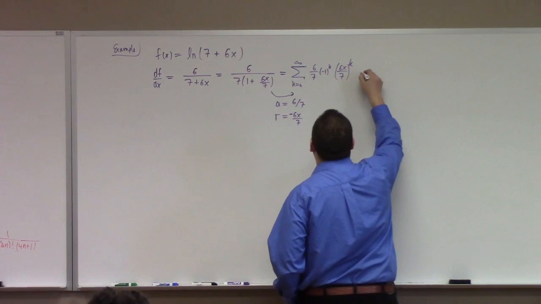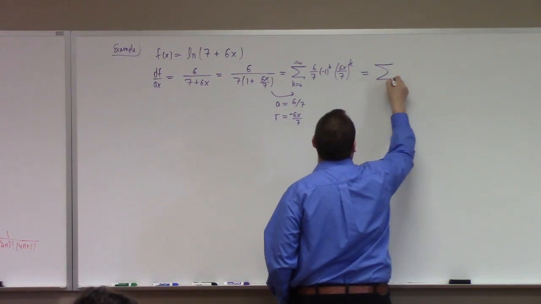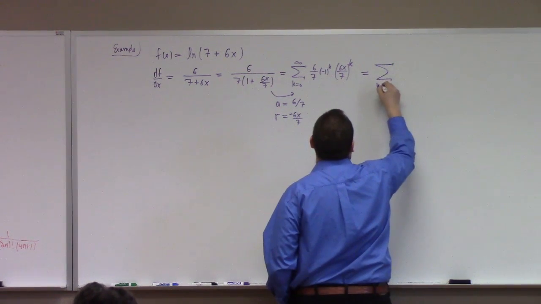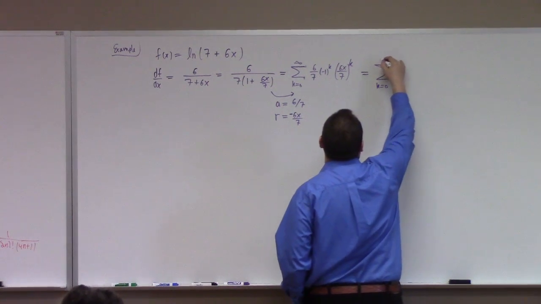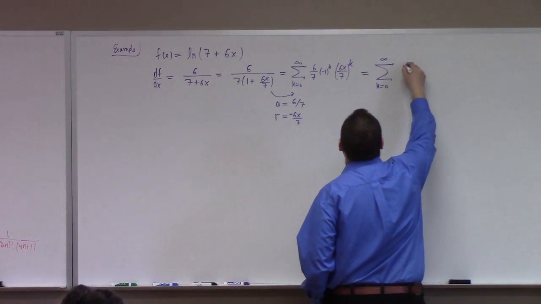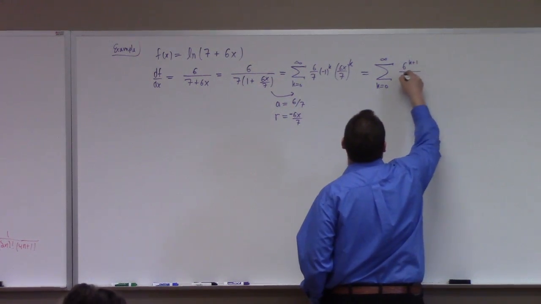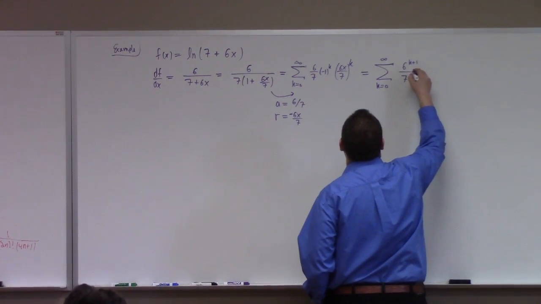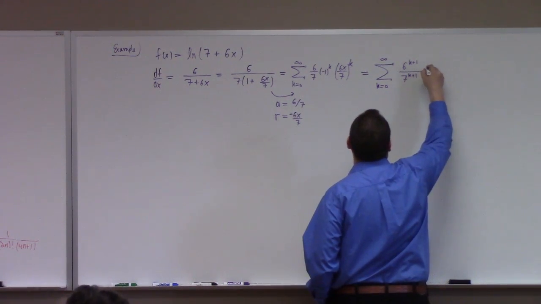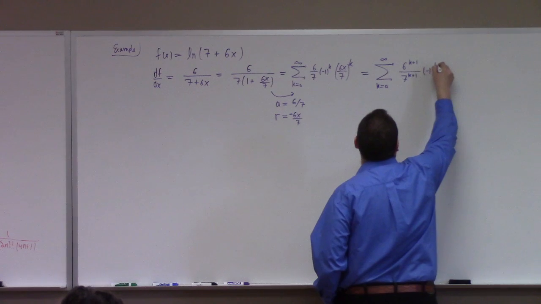Let's clean it up. It's important to clean it up before you try to integrate. One of the big mistakes I see people make on the test when they haven't studied enough is they haven't picked up on the fact that they need to simplify this expression before they integrate. If you don't, you may or may not get it right, depending on if you calculate correctly in the next step.